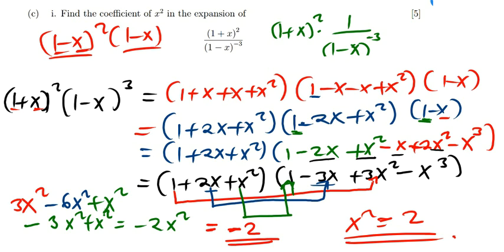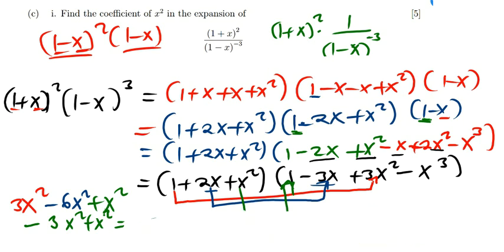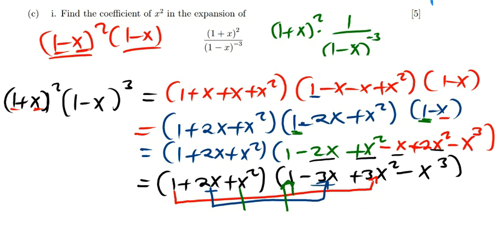Sometimes you may think of this: after expanding to this part, let me just get rid of this. If you want to waste time, you can say 1 times everything here, 2x times everything there, x squared times everything there.